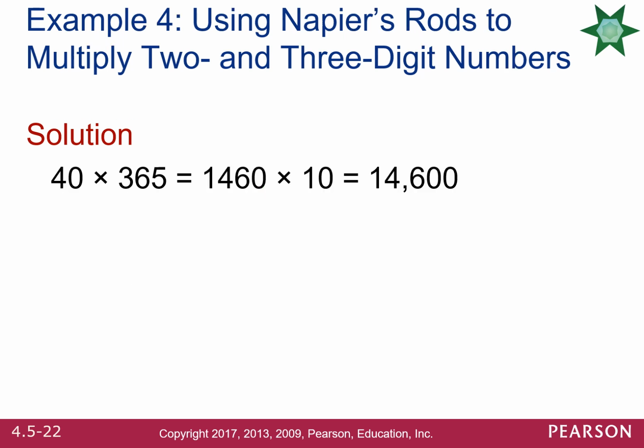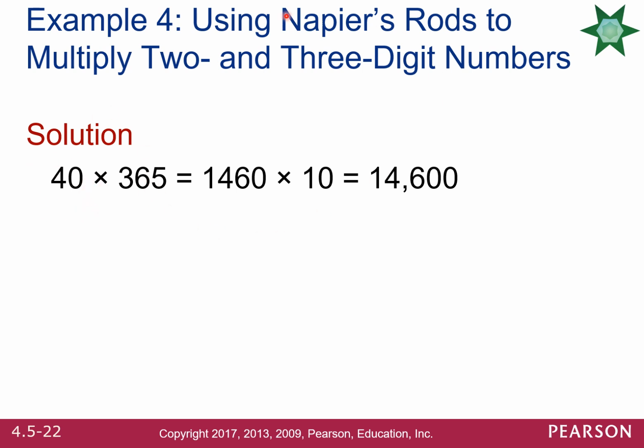Now we will be continuing the process and completing it on this slide. So over here we have 40 times 365. The calculation we did in the previous slide using Napier's rod was 4 times 365, because we needed single digit multiplication to use the process of Napier's rods. So we had to drop the 0 next to the 4, and we ended up multiplying 4 times 365.